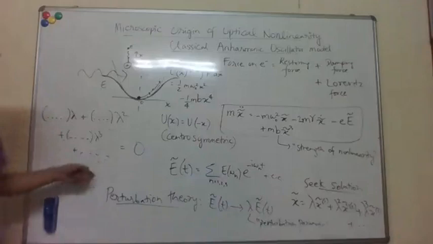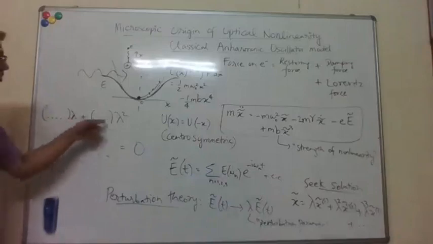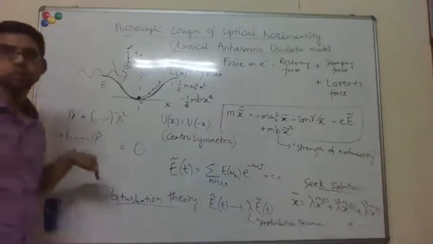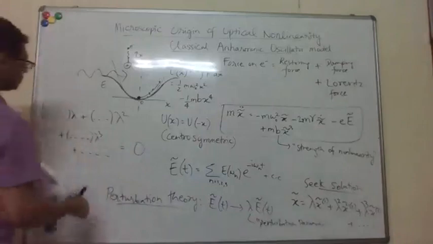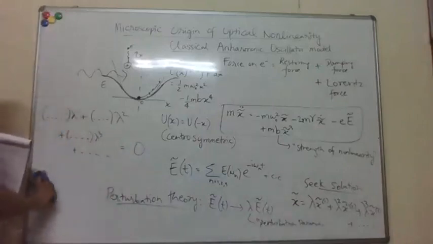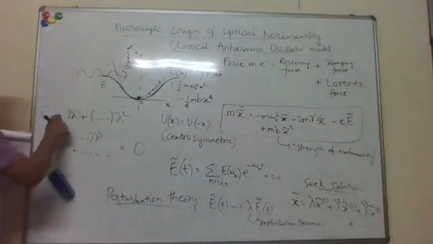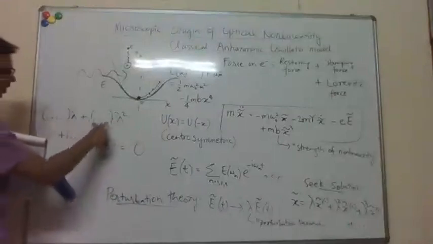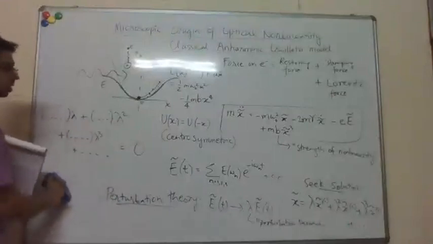And if this has to be valid for any value of lambda, that means these coefficients have to be 0. So that's how we solve it. So we collect terms which are the coefficients of some lambda to the n for the nth order perturbation solution.